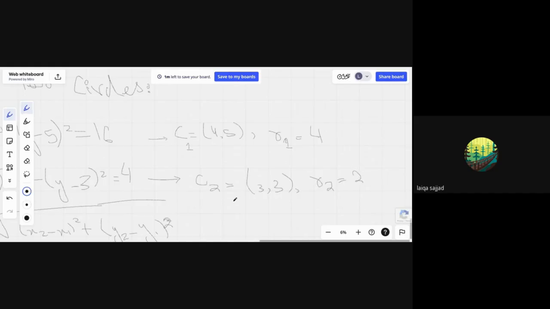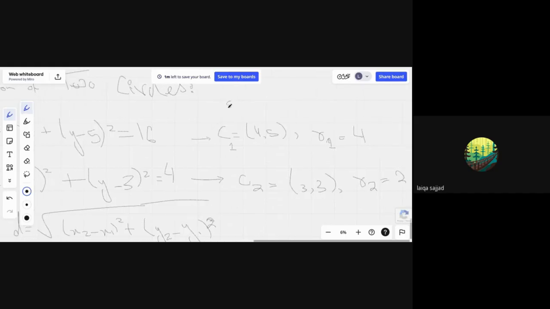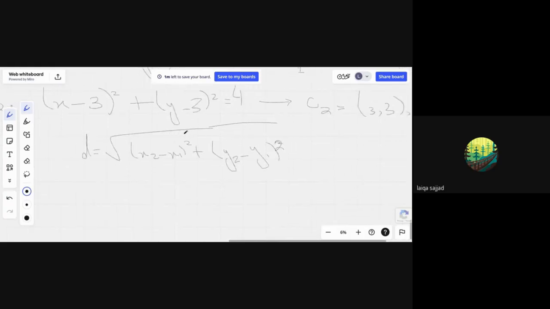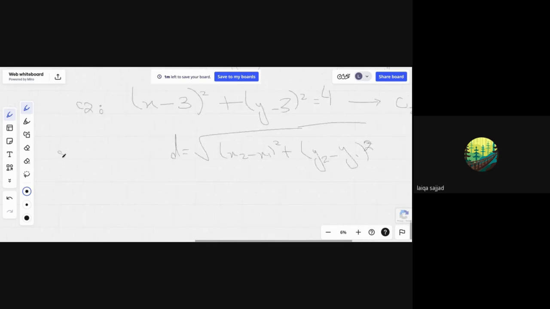Okay, now we want to find, this is step 1 where you have to identify the centers and the radius. In step 2, we will use this distance formula to find the distance between the centers of the circles.